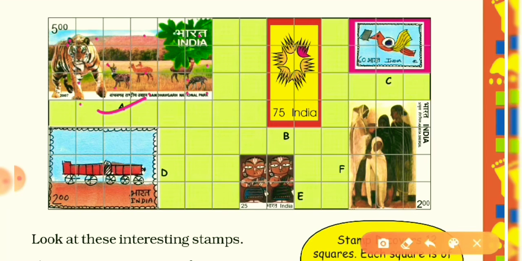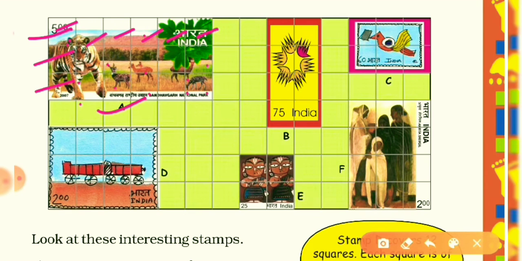It will take a long time if you count all the boxes one by one, so let's find a simple way to count them. First count the boxes vertically, then horizontally. You will see 1, 2, 3. So 3 square boxes are covering vertically, and horizontally it is covering 1, 2, 3, 4, 5 and 6.